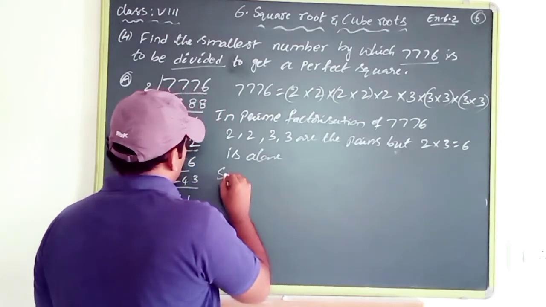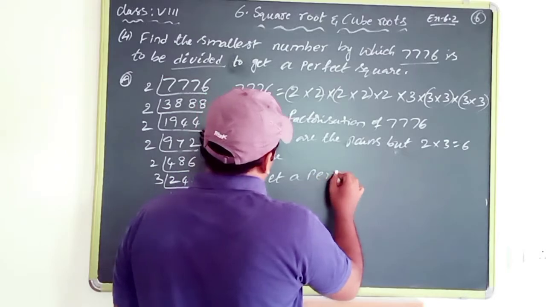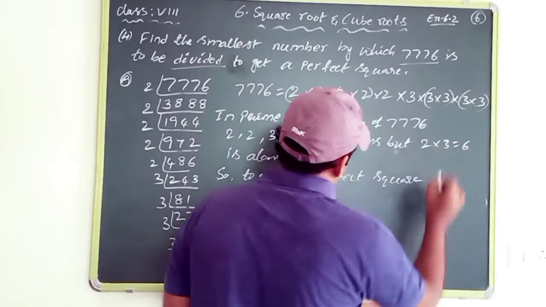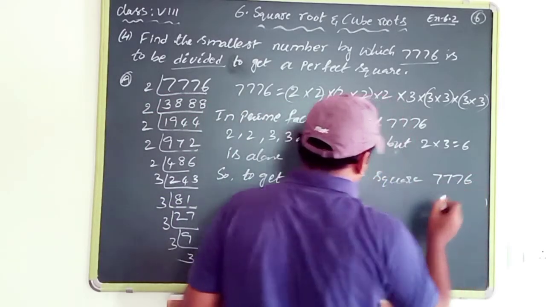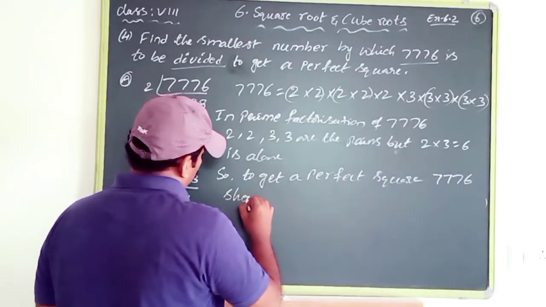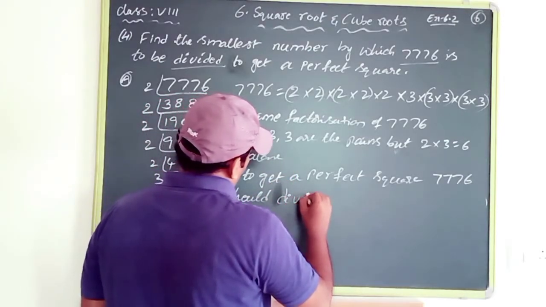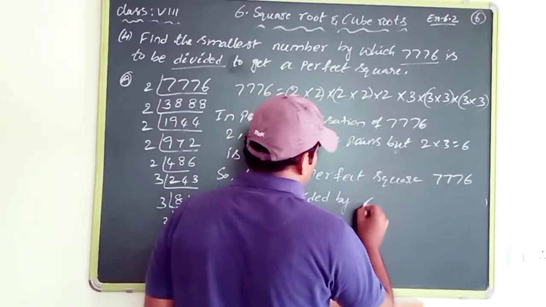So to get a perfect square, 7776 should be divided by which number? 6.